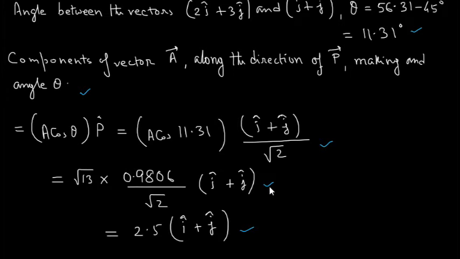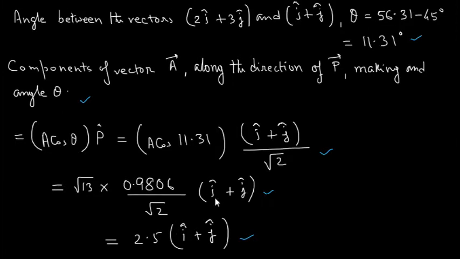Angle between the vector 2i plus 3j and i plus j, theta is equal to 56.31 minus 45, which is 11.31 degree.